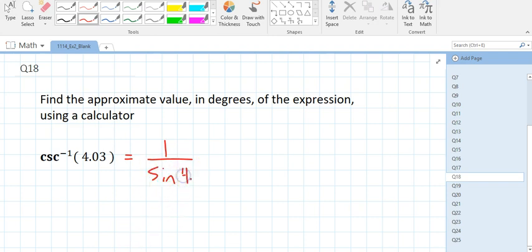So 1 over sine of this, like that? Yes? Okay. Well, what about the inverse? If we went in here and we put this in, does our calculator like that?